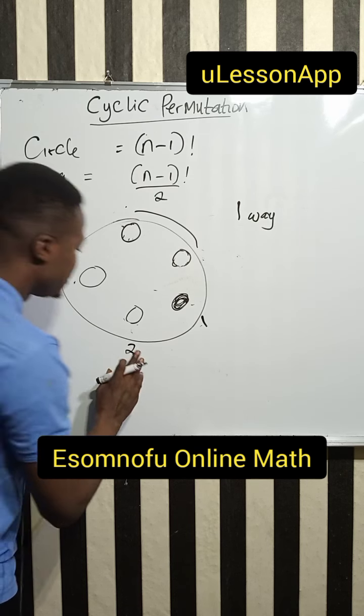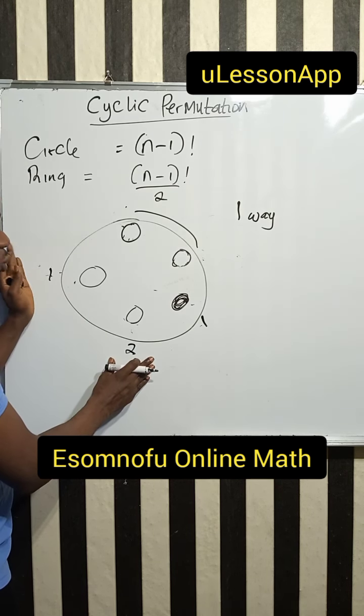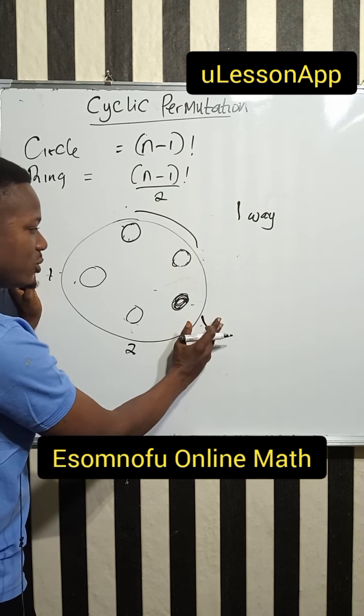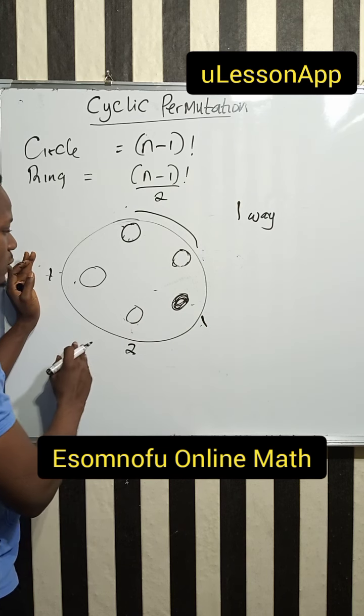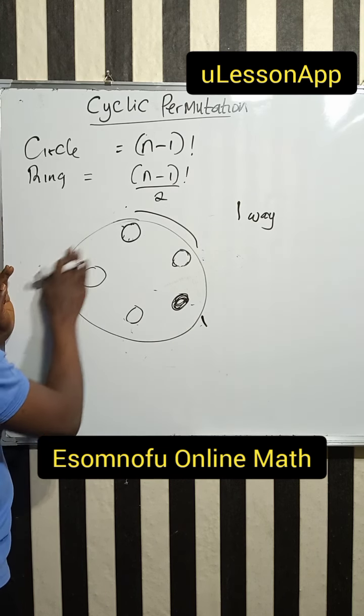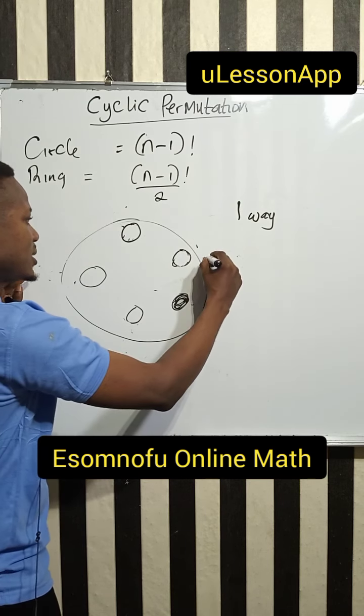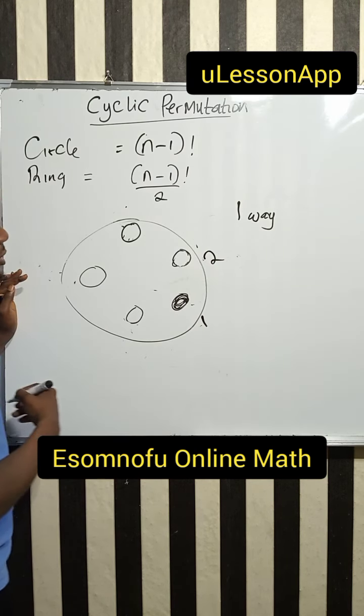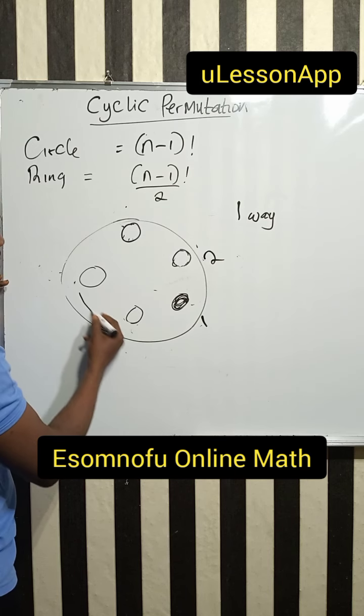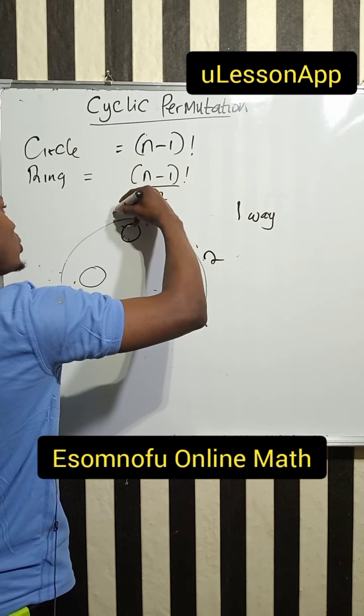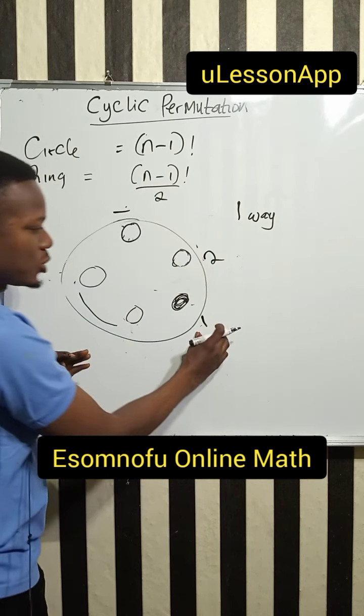What if he decides to sit in this other position? You will notice that 2 persons will be in front of him. This time around, he has one at the right and no option at the left.